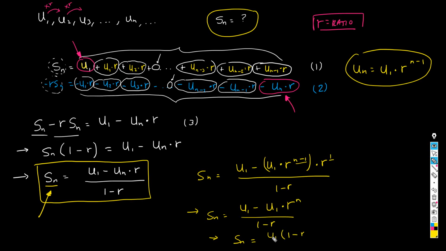And so we get u1 that multiplies 1 minus r to the n over 1 minus r. And this is my final formula. There you go. This is the sum of the first n terms of a geometric sequence given in terms of u1, the first term, and the ratio r.